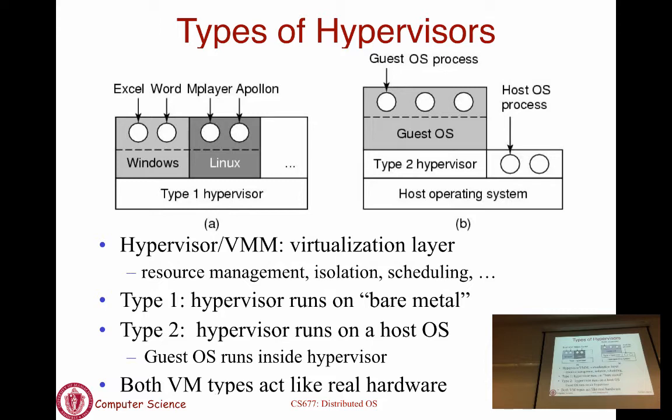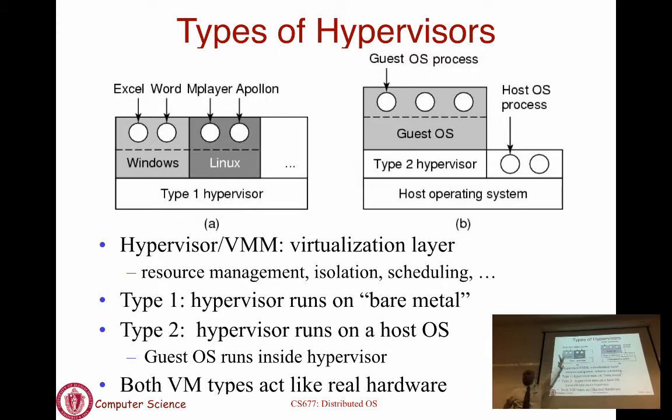Now let's assume you are in the world of virtualization. Let's take this example in particular. When your machine starts up, you boot the hypervisor. The hypervisor is now in control, not an OS. The hypervisor is actually going to run in kernel mode and be able to execute all the sensitive instructions. The guest OSs themselves cannot be given full access, because they are running inside a virtual machine.